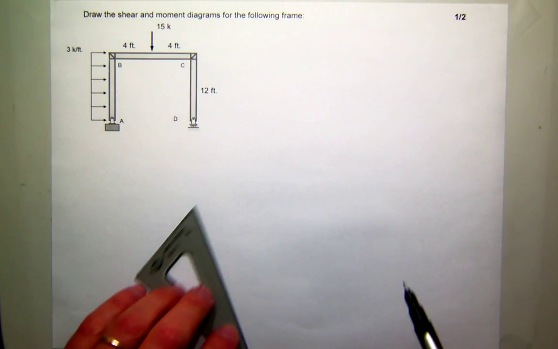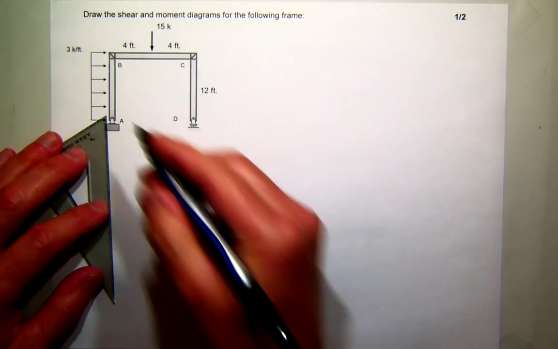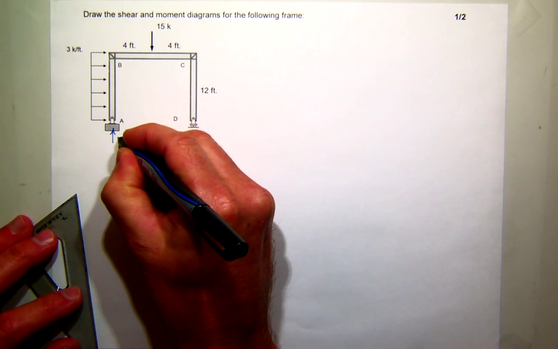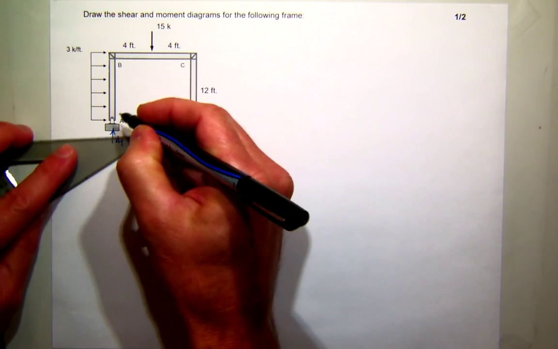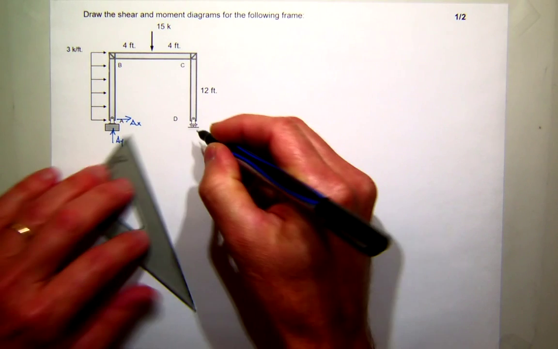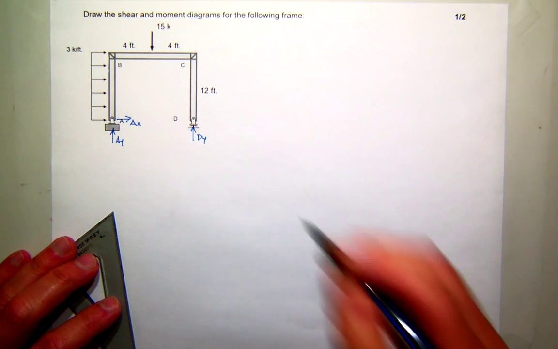So I'll just use the drawing itself as my quick free body diagram. So I'll have a force AY and AX, and then one here at DY.